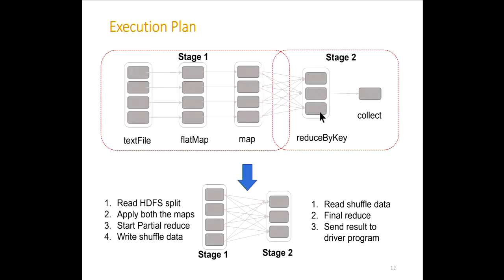But when it comes to reduce by key, this transformation requires information coming from more than one partition of the RDD. So I need to know dog is mentioned 3 times here, 5 times here, 2 times here. So I need to get the information from more than one partition, and hence I need that data to reside in memory so that I can read it.